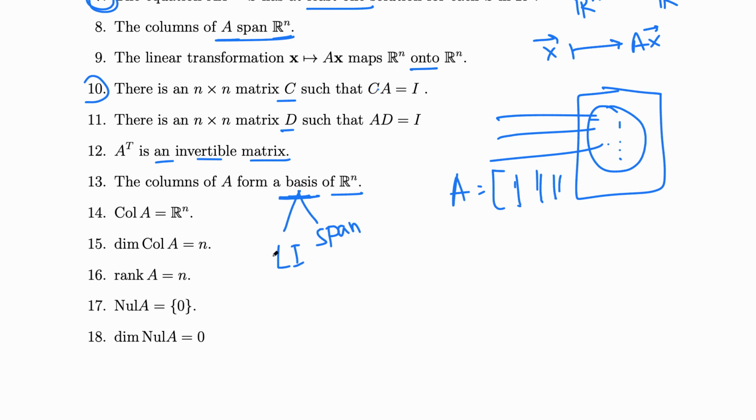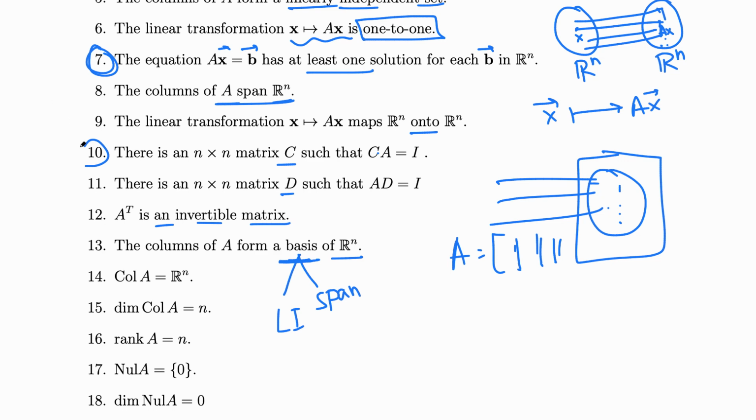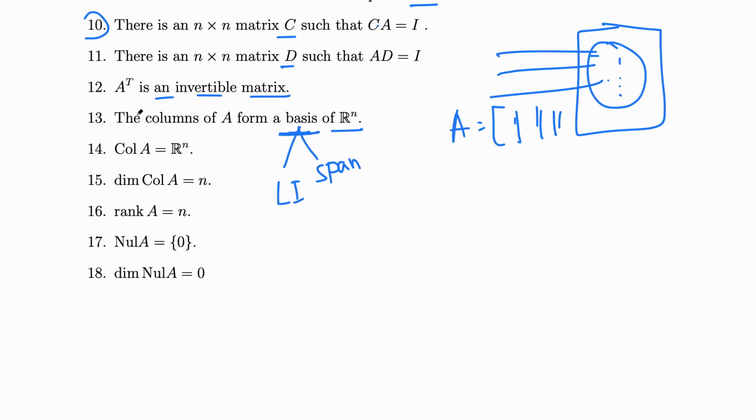So when A is an invertible matrix, every single statement here is equivalent to each other. The column space of A will be the whole Rn. This is the column space of A, and the dimension of the column space is n. There will be a pivot in each column. Rank A is n. We know the rank is the dimension of the column space of A, or the rank is the dimension of the row space.